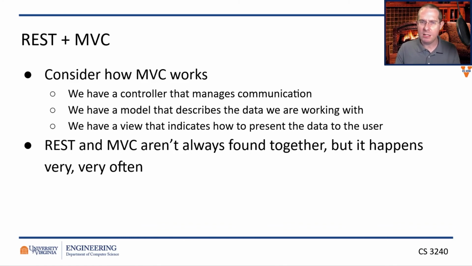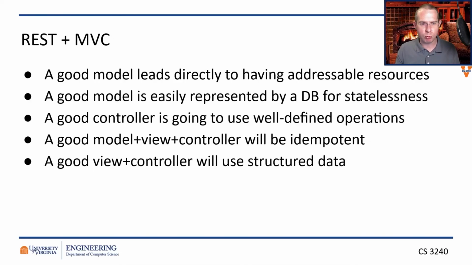You don't always find them together, but if you're doing it right, you probably will, because if you have a good model, that gives you addressable resources. If you have a good model, that's going to be easily represented in a database to allow statelessness to happen. If you have a good controller, it's going to use well-defined operations.